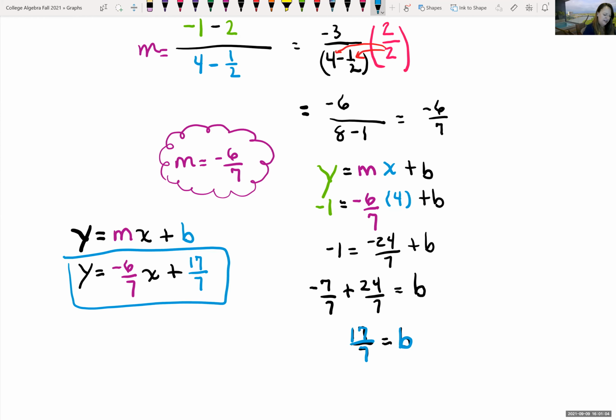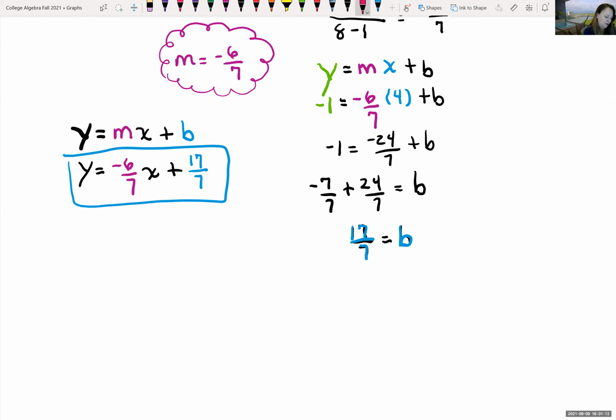If they asked for standard form, I would clear my fraction. So if they asked to put it in standard form, we could multiply every single term by 7 to get rid of those fractions. If we multiply the left-hand side by 7, we get 7y is equal to 7 times -6/7 x, which gives me -6x, plus 7 times 17/7, which is just 17.